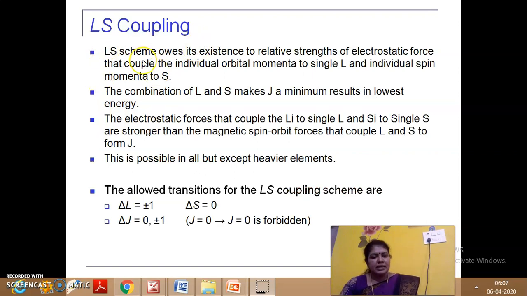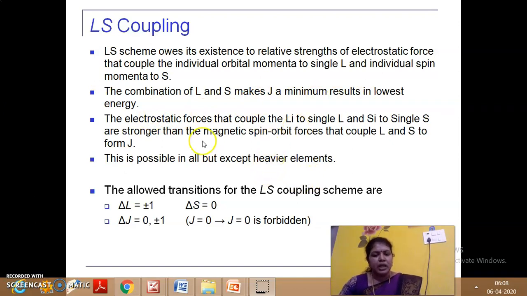That is, the LS scheme owes its existence to the relative strengths of the electrostatic forces that couple the individual orbital momenta to first a single L and individual spin momenta to a single S, and these two would now combine to make a minimum J value, resulting in the lowest energy for greater stability.